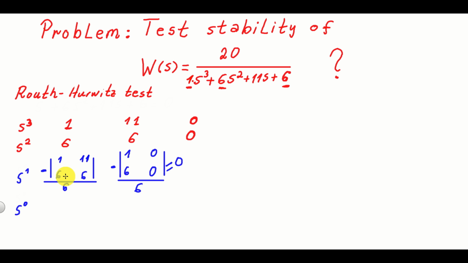However, how about this entry? Well, let's compute this entry over here. Let's first of all evaluate the determinant. In the denominator we will have 6, then we'll have minus, and we have 1 multiplying 6 is 6, minus 6 multiplying 11.